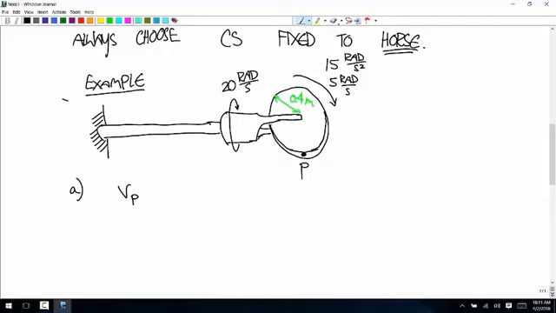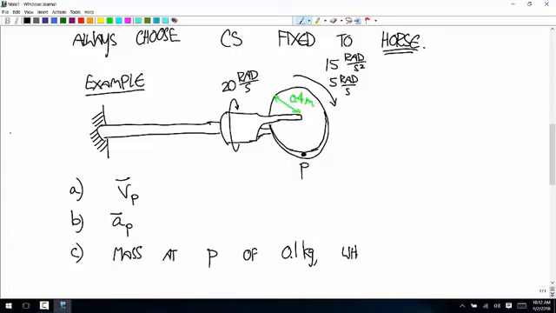We want to calculate the velocity of that point P and the acceleration of that point P. And just to be explicit about why we would normally want to calculate this, say that there's a mass at P of 0.1 kilograms, with a force acting on that mass.